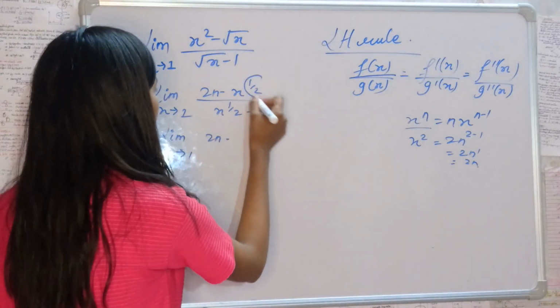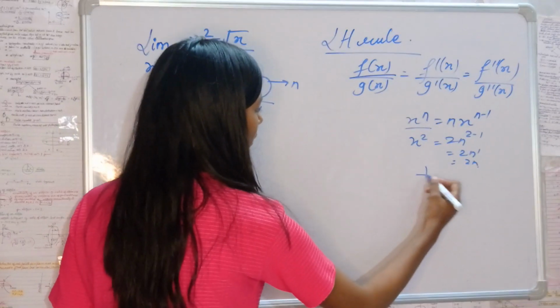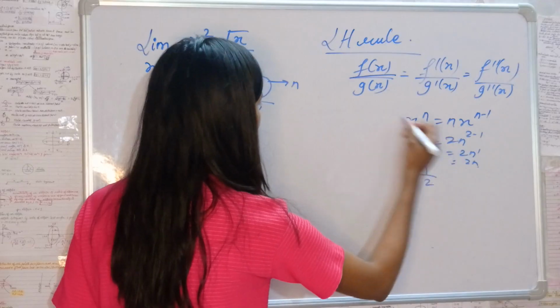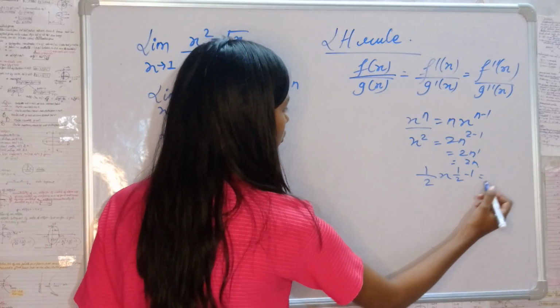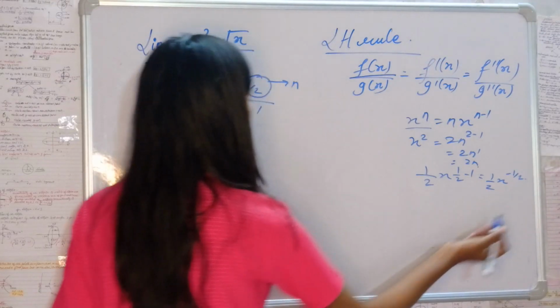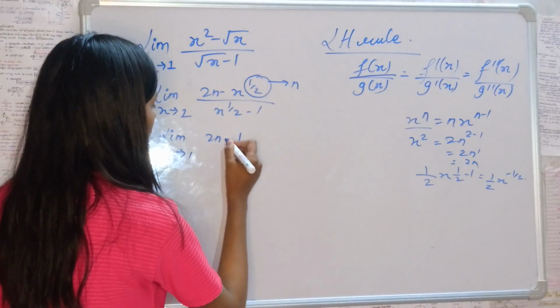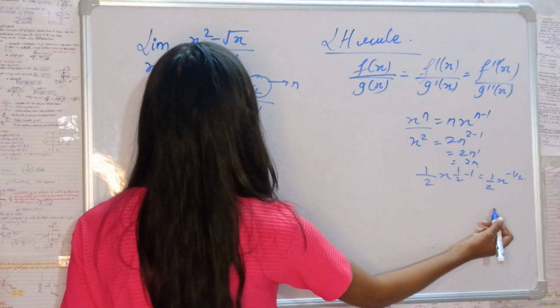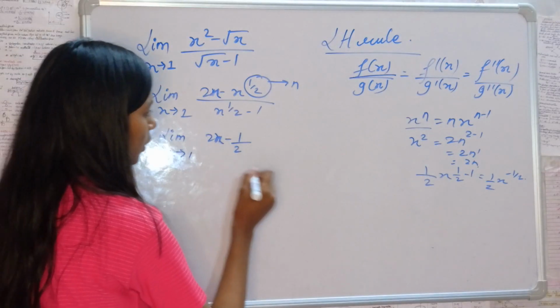Now if you consider this as to be x, then what's going to happen is that 1 by 2 x to the power 1 by 2 minus 1 is coming out to be 1 by 2 x to the power minus 1 by 2. Okay, so for this part it is going to be 1 by 2, and we could write it further like, it is x over here also x over here.